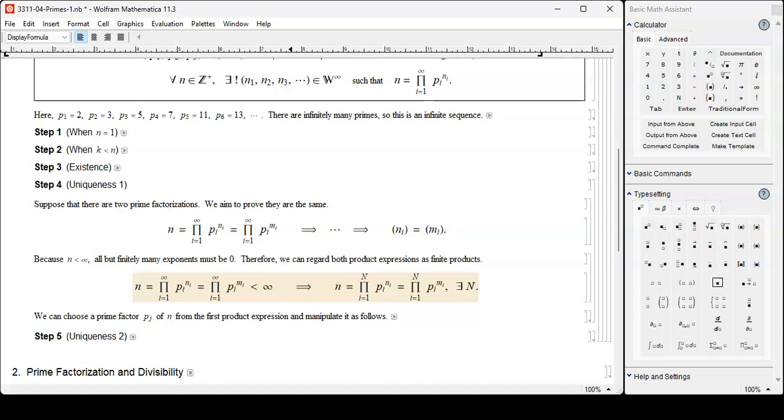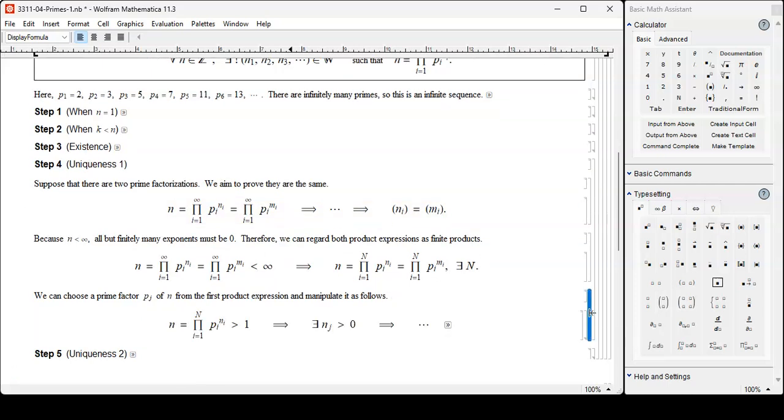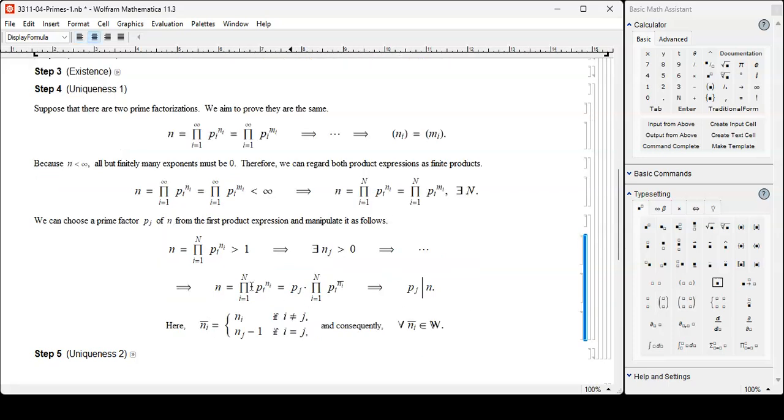And then let's choose a prime factor pj of the first prime factorization. There has got to be some nj that's greater than 0 because n is greater than 1. If they're all 0, I'm going to get n equals 1. And then I'm going to factor that out: pj times what's left. So we got one pj here, and then the rest. And then here, the rest.